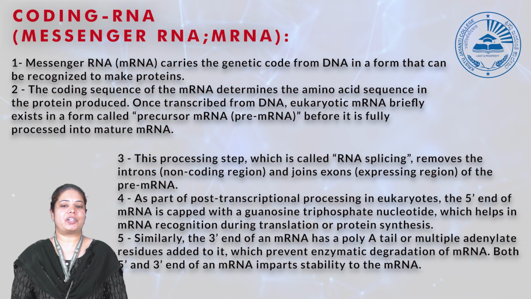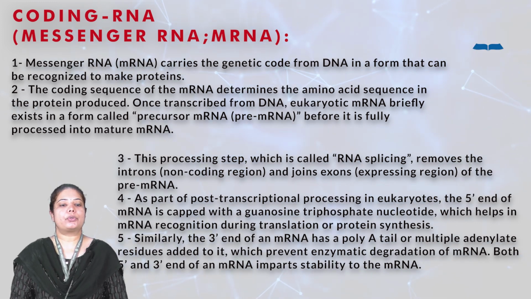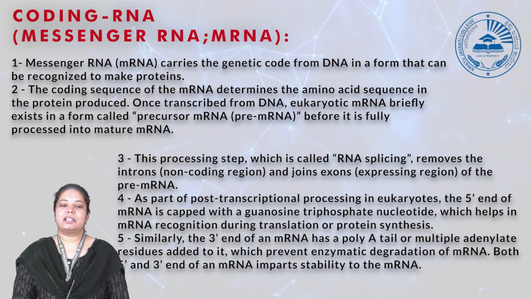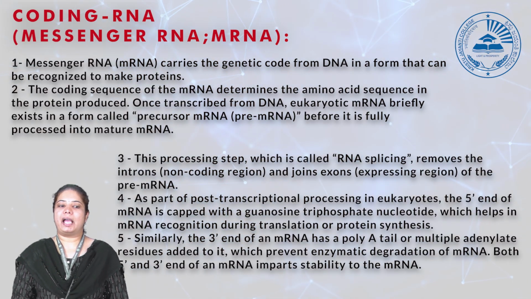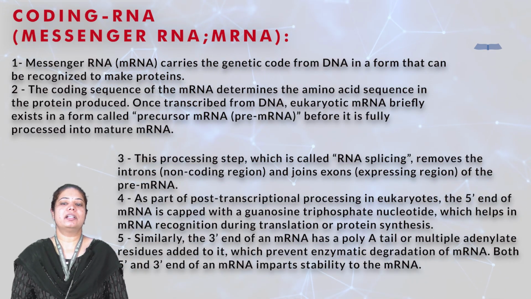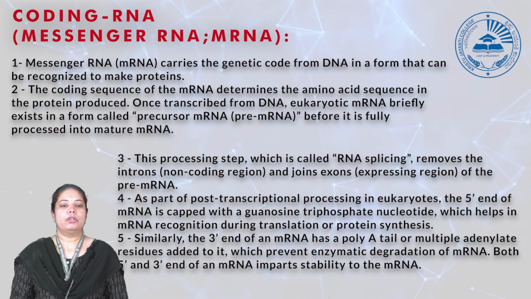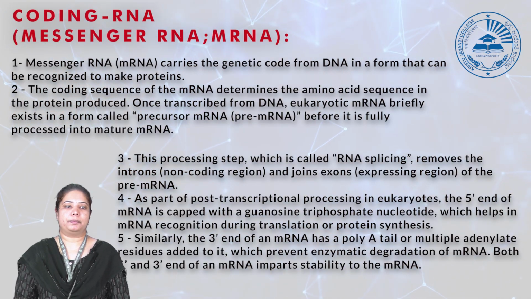Both increase the stability of the mRNA, so that degradation is delayed and enzymatic degradation of mRNA is restricted. Both increase the time span the mRNA can spend in the cytoplasm, so that the expression of mRNA into protein will be more.